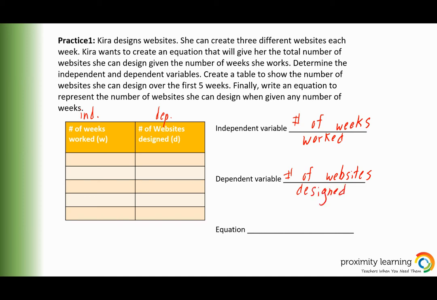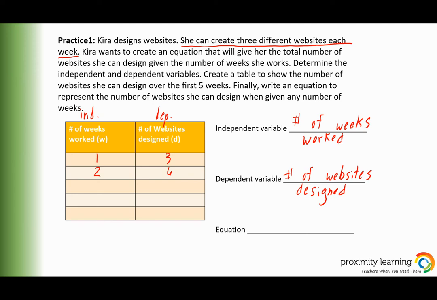So now that we've got that, in the word problem it says that she can create 3 different websites each week. So if Kira works 1 week, she can create 3. If she works 2 weeks, how many do you think she's going to be able to make? 6. Here's why.